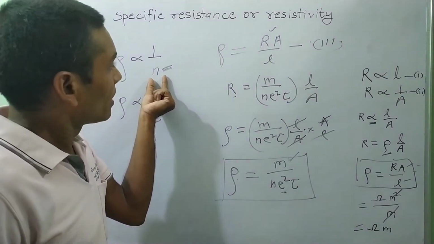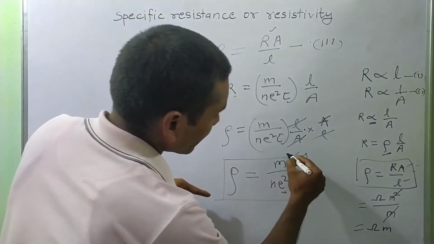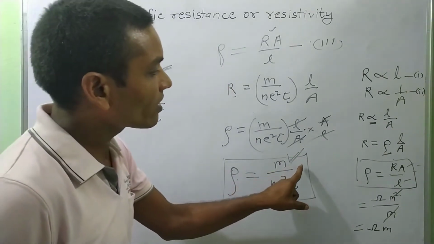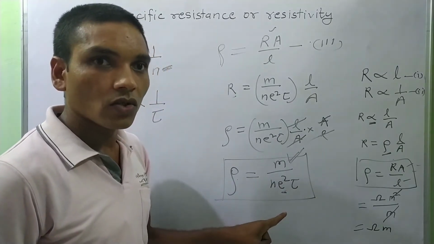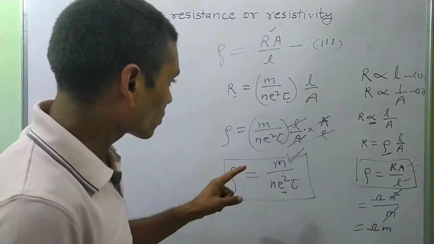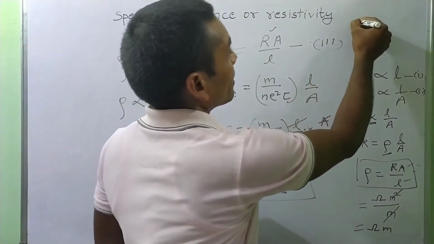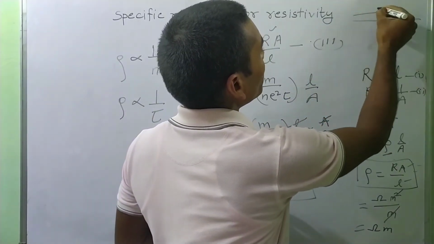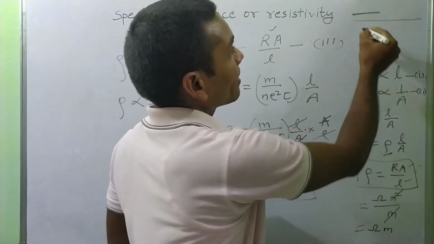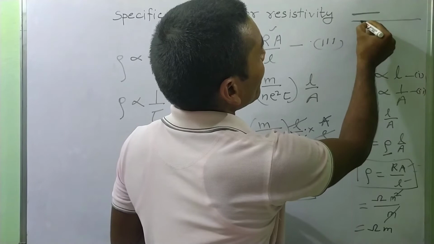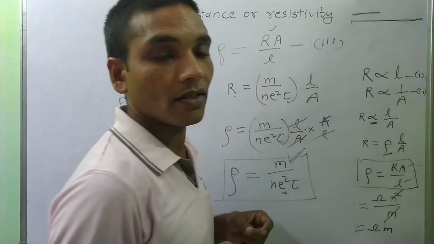Okay, and you know that in this equation, length is not there, area of cross section is not there. So if we increase the length of the conductor, the initial length of this conductor is this, and after increasing the length, the final length is this.